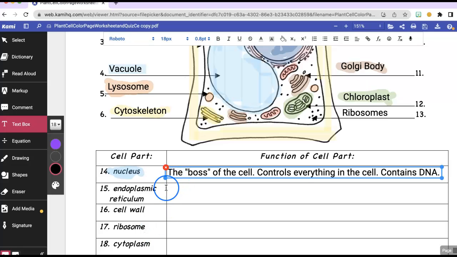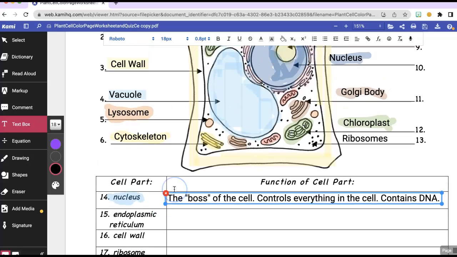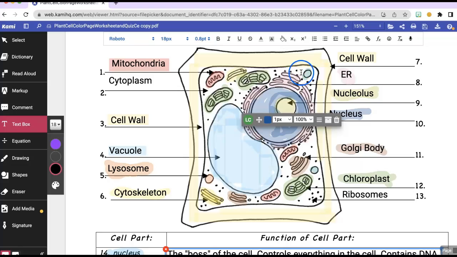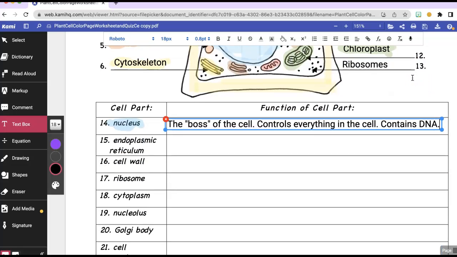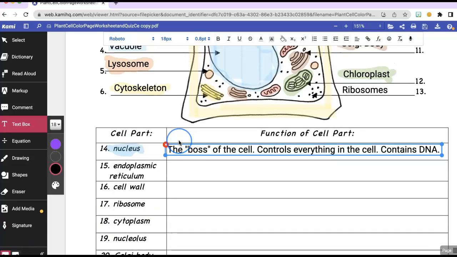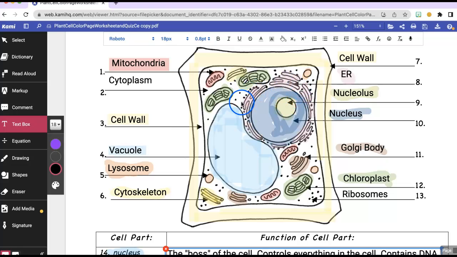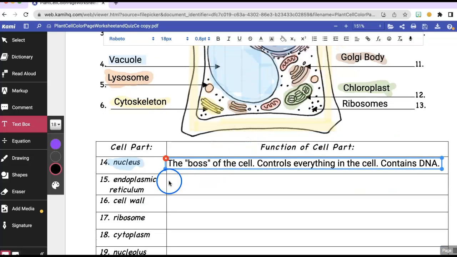Next is number 15. Number 15 in your chart is this area around the nucleus. It's called the ER, number 8 if you're looking for a number. And the ER is scientifically known as the endoplasmic reticulum. And the endoplasmic reticulum is generally always around the nucleus. And let's write down the function.